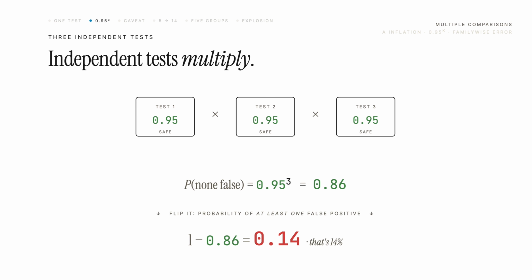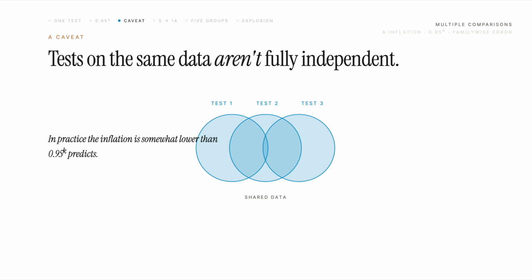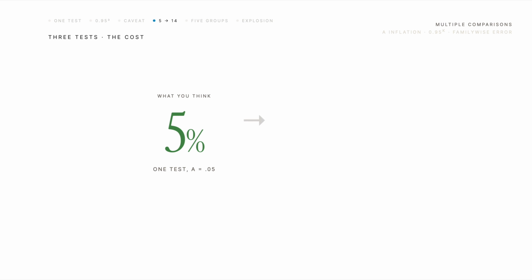That's 0.86, which means the probability that you do get at least one false positive is 1 minus 0.86, which is 0.14. 14%. Note that this calculation assumes that the 3 tests are fully independent, which they rarely are when they all share the same data. In practice, the inflation is somewhat lower, but it is still real and still substantial. The core problem remains.